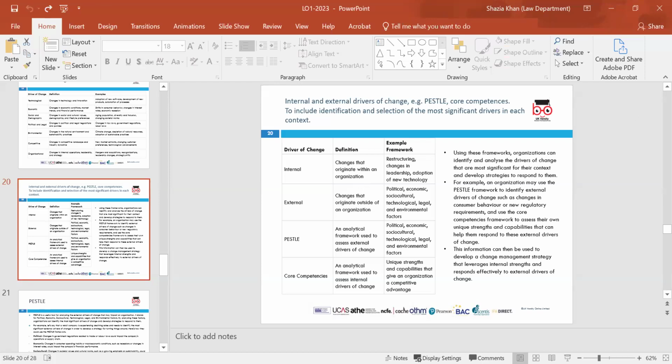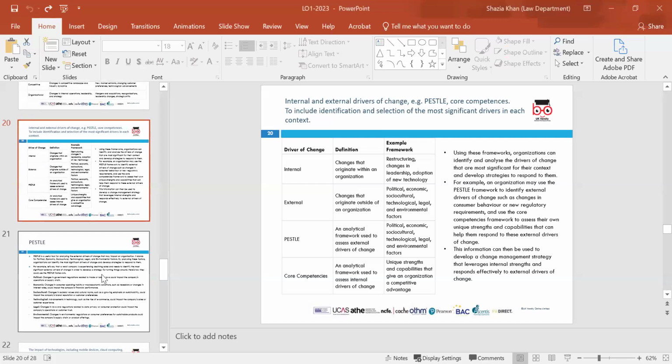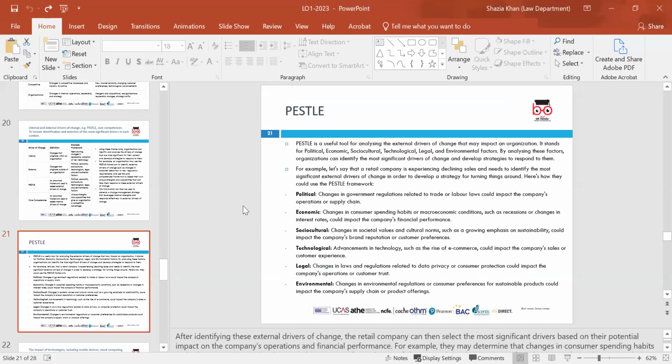And then you have core competencies as well. That is a framework used to assess internal drivers of change, the unique strengths of an organization. So it's about making sure the organization refers to elements of change. And in regards to that, you have the PESTLE, which we'll look at now. It is an analysis study that businesses use to look at key external factors, like we mentioned: political, economic, sociological, technological, legal, and environmental, that influence an organization.